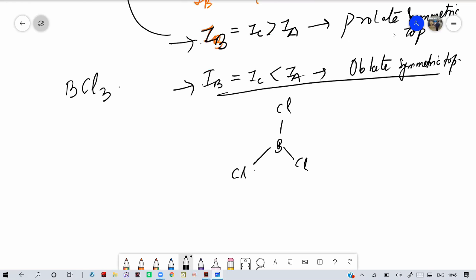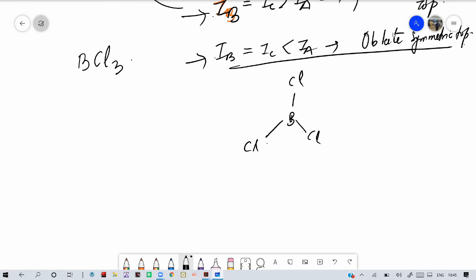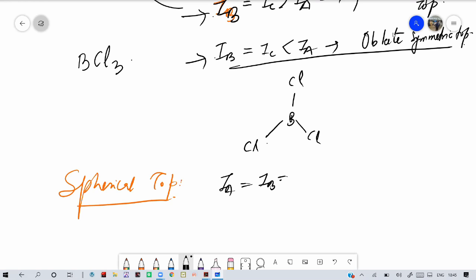Then there is another that is called a spherical top. In a spherical top, all the moments of inertia are equal. An example is methane, CH4.